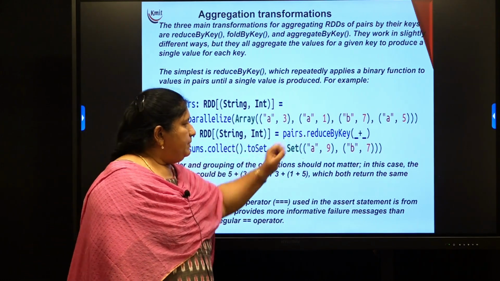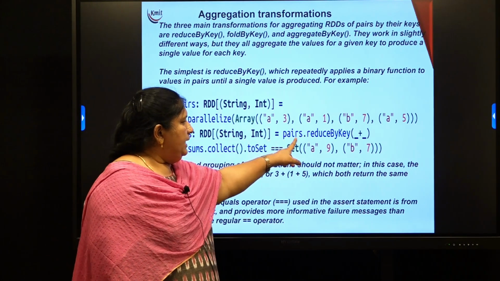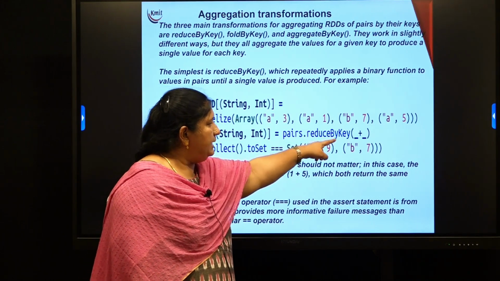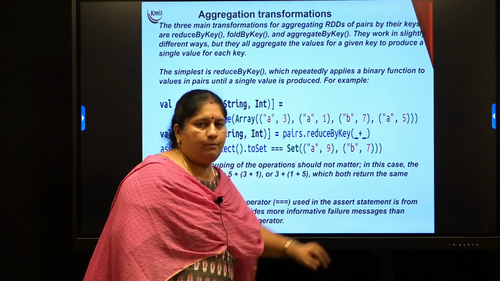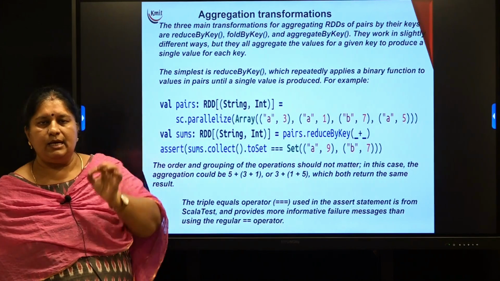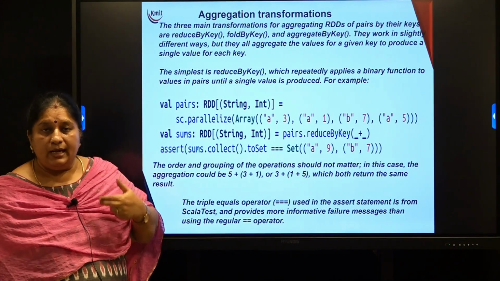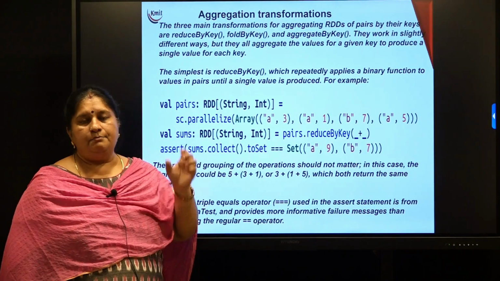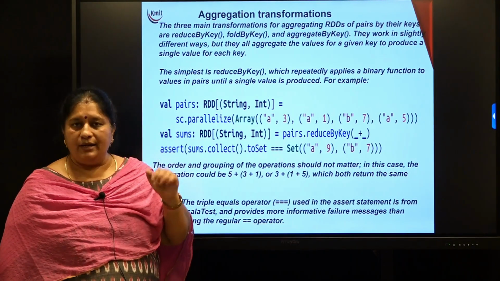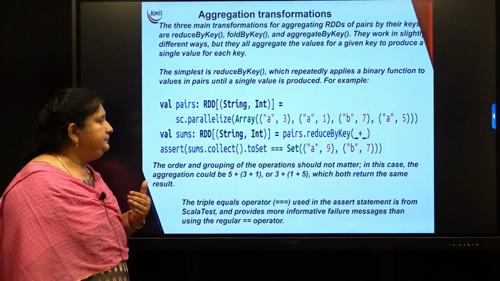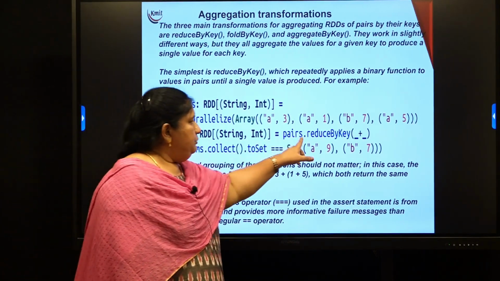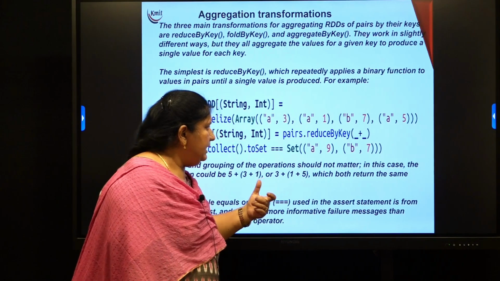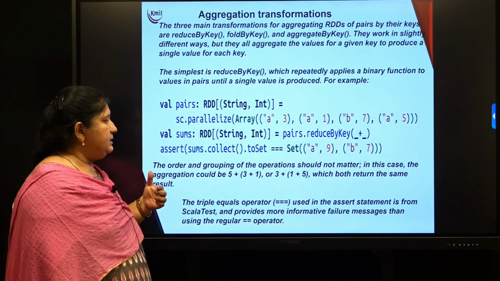What is the operation you are specifying? pairs.reduceByKey. If you see the operator underscore plus underscore, this should be understood as you are supposed to do the summation based on the key values whenever they are matching. So this reduceByKey is an aggregation, and how do I say it is a transformation?